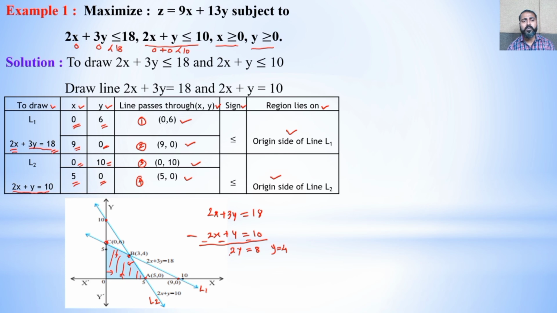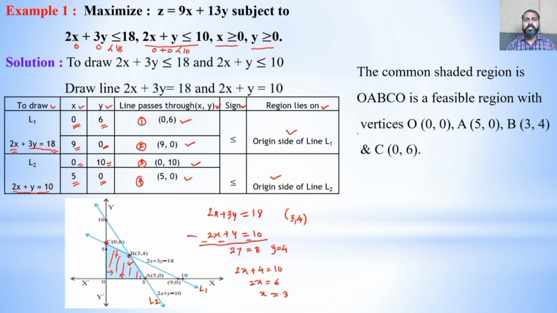Put y is equal to 4 in equation second, therefore, we get 2x plus 4 is equal to 10. It gives 2x is equal to 6, therefore, x is equal to 3. Therefore, point of intersection of line L1 and L2 is (3, 4).